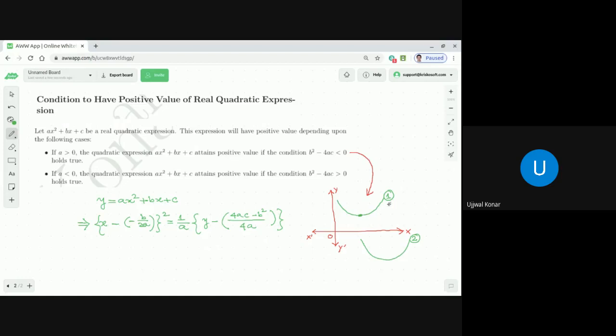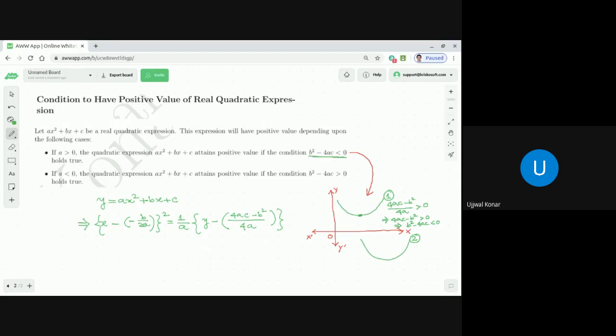So what we get? 4ac minus b square by 4a should be greater than 0. But a is greater than 0, right? If a is greater than 0, that implies 4ac minus b square is greater than 0. This implies b square minus 4ac should be less than 0. This is what is written here.